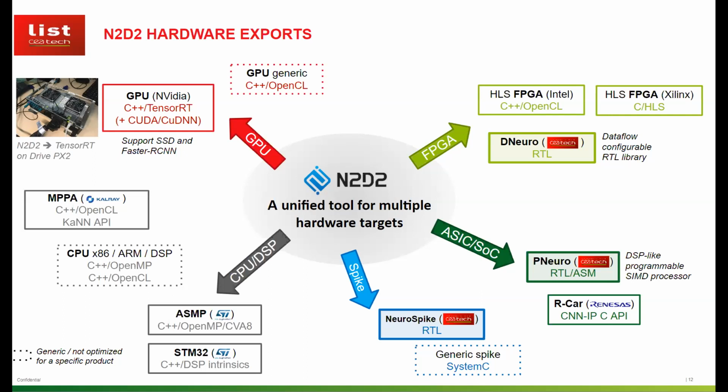We also have the export, which can export not only the classical tensor-like networks, but also spiking neural networks. So we can move to the next slide, please.